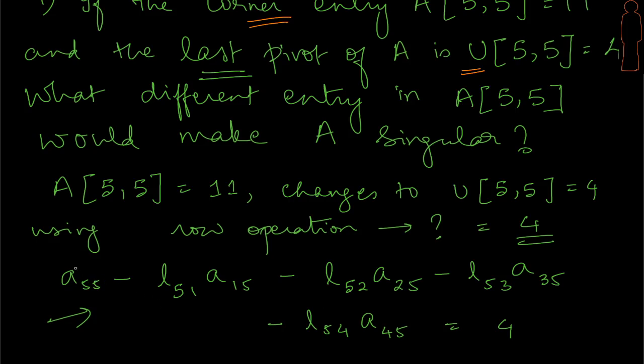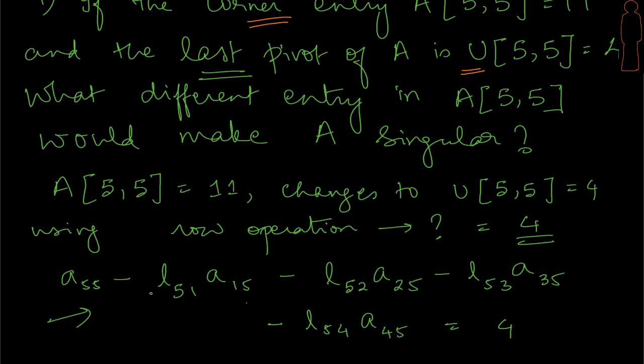So A55 original has a subtraction by the L51 multiplier. Remember what L51 is? L51 is coefficient A51 divided by the first pivot A11, times that element which was present. Sorry, this is slightly wrong. Actually, it's fine, because I was thinking that I should have mentioned the pivots here, but it doesn't matter. So we look at L51. L51 is the first multiplier.